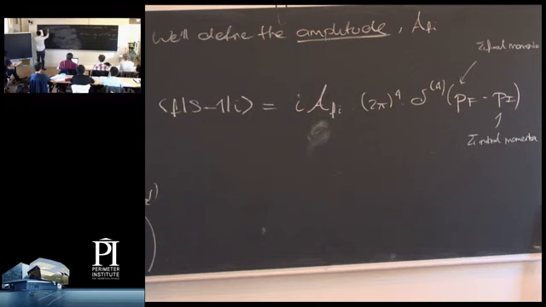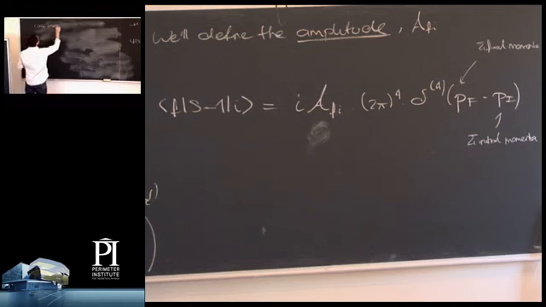So we could consider nucleon antinucleon scattering going to two mesons. What are the diagrams for that?